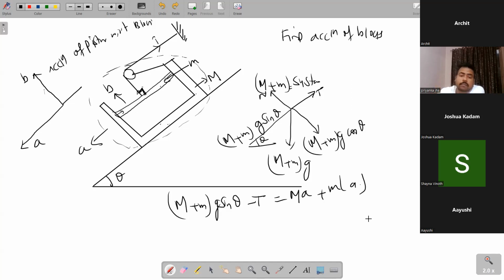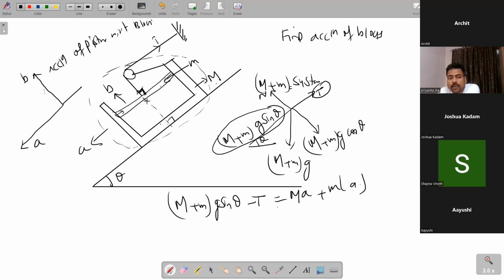Yes, sir. See, our system is capital M plus small m. Make the FBD on it. Net force is Mg sin theta minus T equal to mass of capital M into its acceleration plus small m into its acceleration along the inclined plane. So this piston is moving because tension is acting upward, that is perpendicular to this inclined plane.